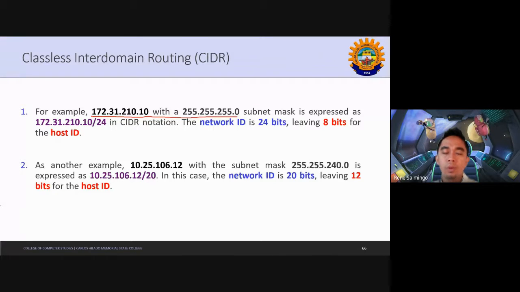How do we know that we have 24 bits? So first, what you're going to do is, first, you will try to convert this one.